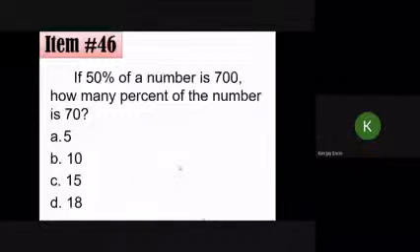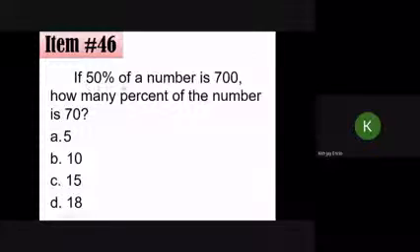If 50% of a number is 700, how many percent of the number is 70? Is it 5, 10, 15, or 18? Let us focus first our attention to the first set of given.